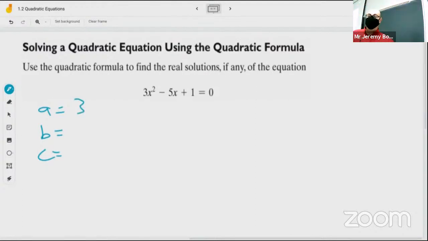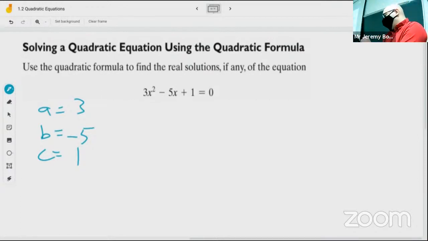The b is the coefficient on the variable raised to the first power. We retain the sign with it, so it's going to be -5. It keeps the sign. And then the c is the constant, which is going to be 4. They may not always be in order in your problem unless you rewrite the problem, so just pay attention to that.